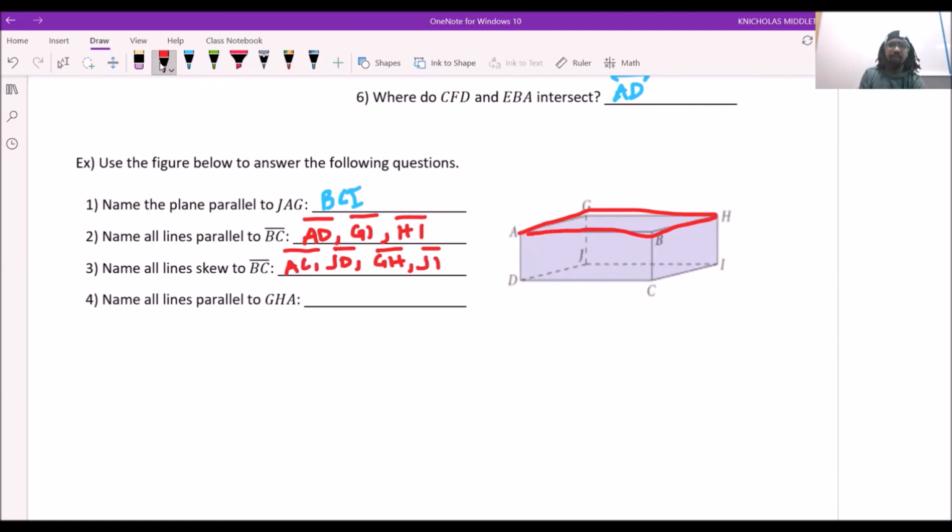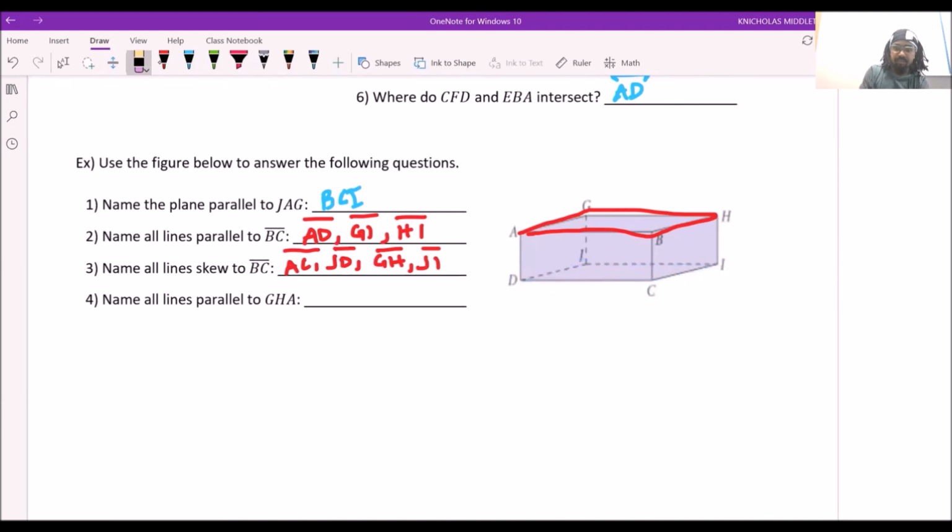So when we say lines that are parallel, we're talking about lines that don't intersect with it. Okay, so when we look at that, we say, okay, DJ won't intersect with it. Remember, you cannot be skew to a plane. JI will not intersect with it. C, what is that letter? I'll erase it later. I think it's I, CI, and BC. So we have 4 lines that are parallel to the top, cannot be skewed with the plane.